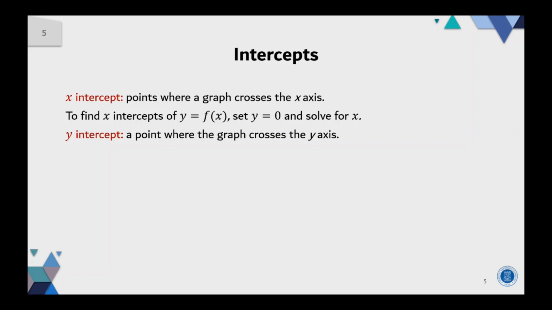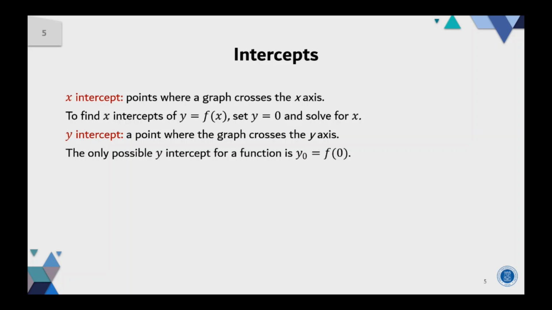And the second one is the y-intercept. We have a point where the graph crosses the y-axis. So now, when the graph crosses the y-axis, of course, it happens when x is equal to 0. So we only find the value of f(0).